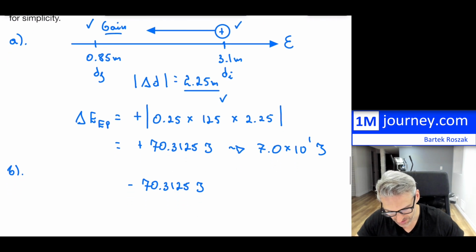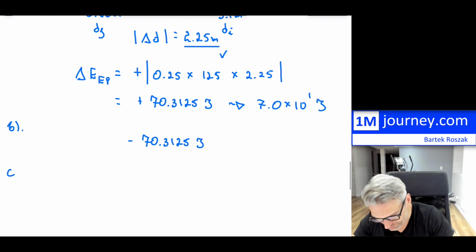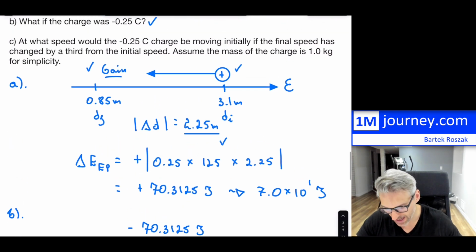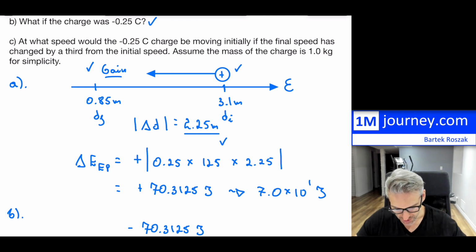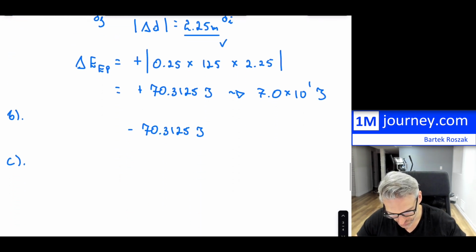All right, so for part C, we have: at what speed would the 0.25 Coulomb charge be moving initially if the final speed has changed by a third from its initial speed? Assume the mass is 1 kilogram for simplicity. So what happens here? Well, we're talking about the negative charge.